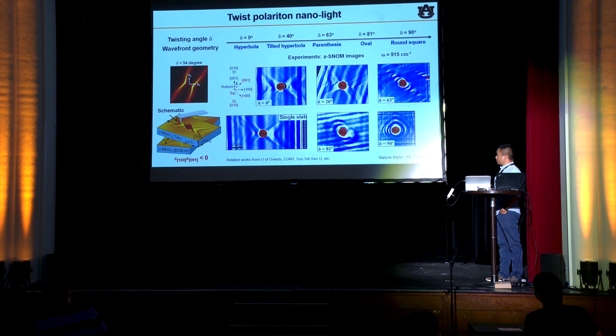We see this evolution of the X shape into canalization and into the closed shape of the polariton nanolight. Let me emphasize that this very specific angle is called the polaritonic magic angle because if you take a look at the band structure, or do this Fourier transform and look at momentum space, this is actually a flat band, pretty analogous to the electronic magic angle.